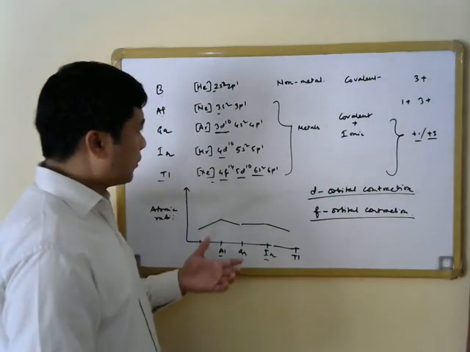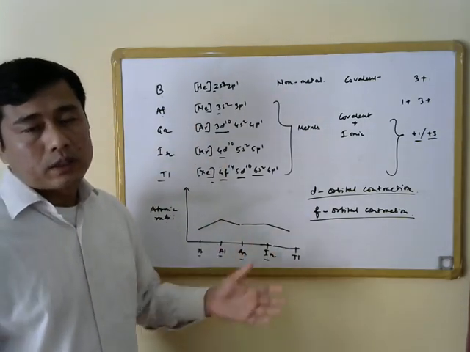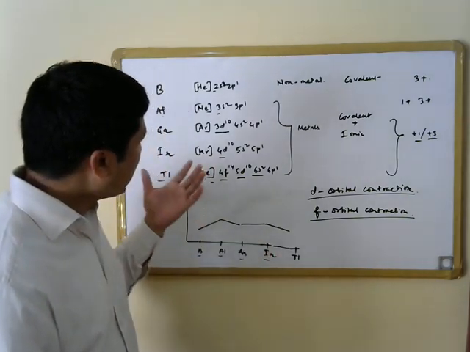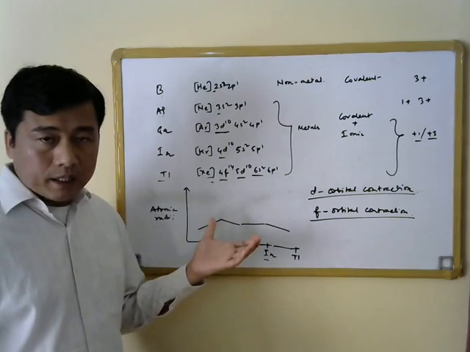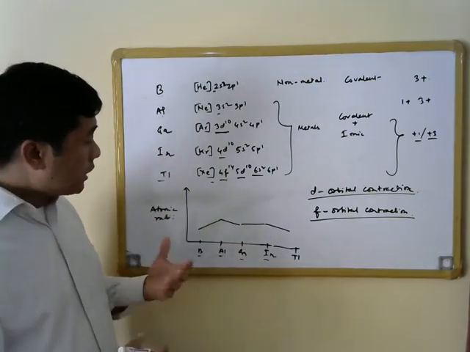So there's a decrease in size because of both d orbital contraction as well as f orbital contraction. So this explains how the atomic radius in group 13 elements changes.